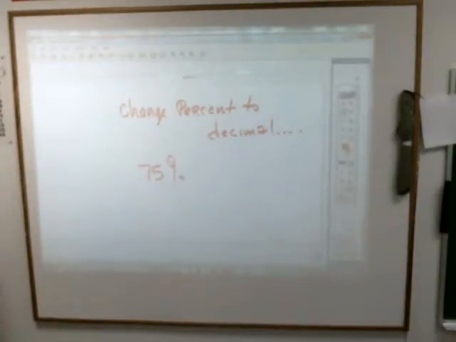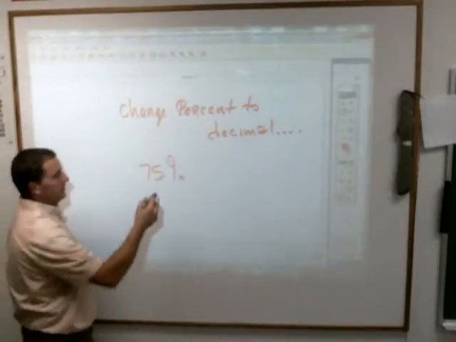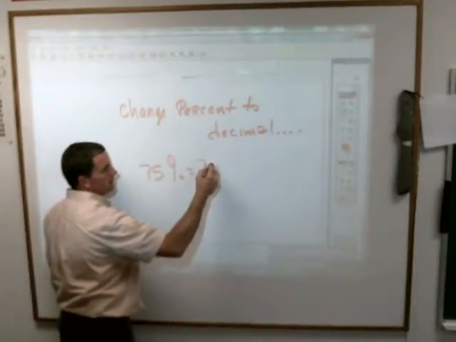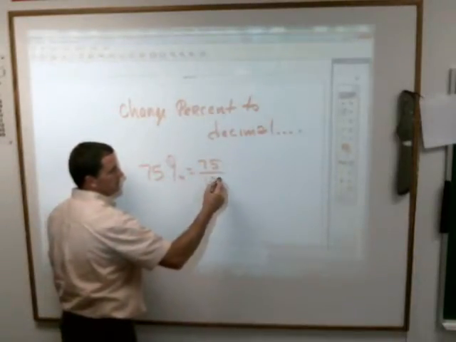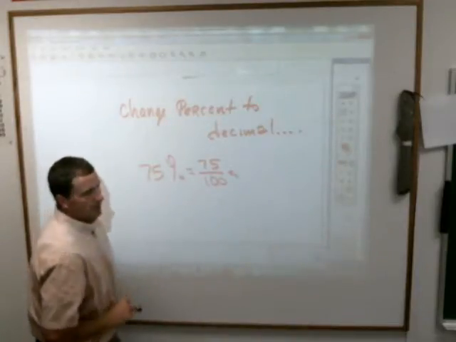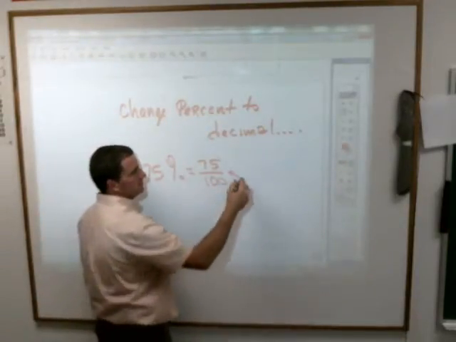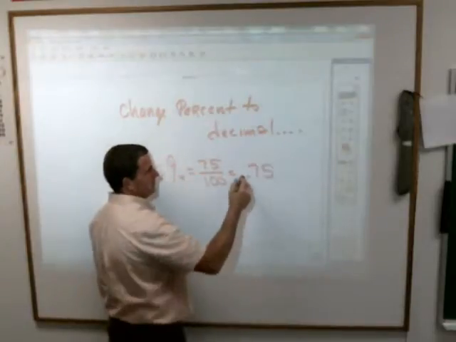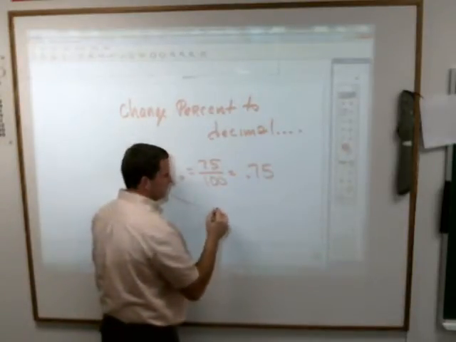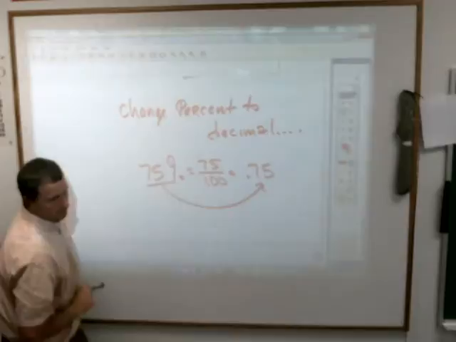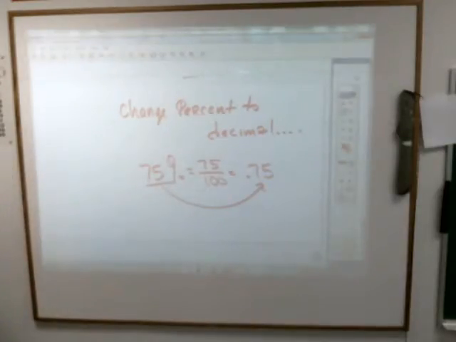Well, once again, you know that 75% is out of 100, so you could change it to a fraction, and then you could say, how do I write 75 hundredths as a decimal? 0.75. But there's a way to go right from this to this and not really have to go through all the middle stuff.